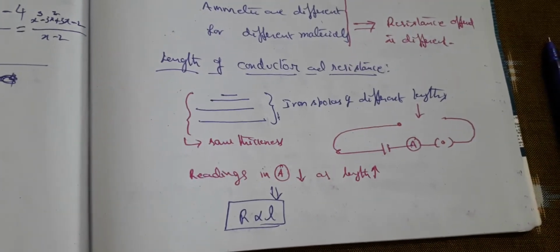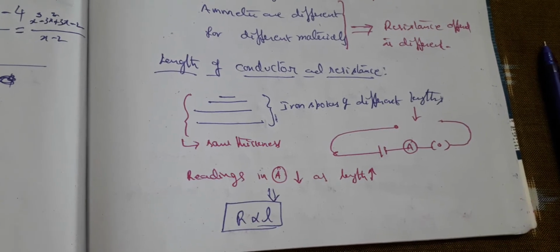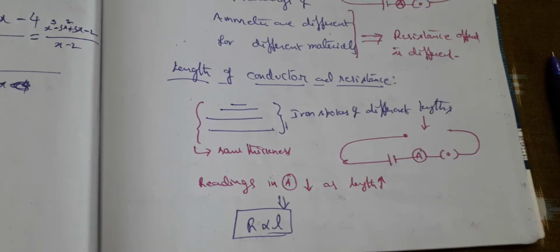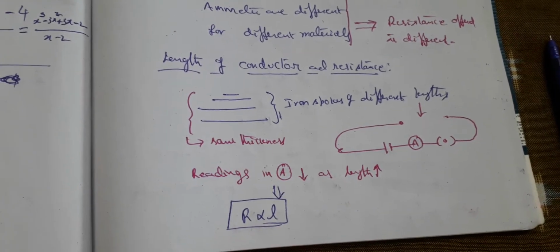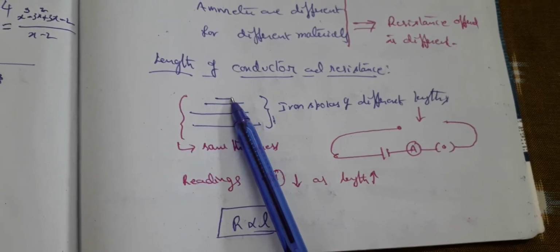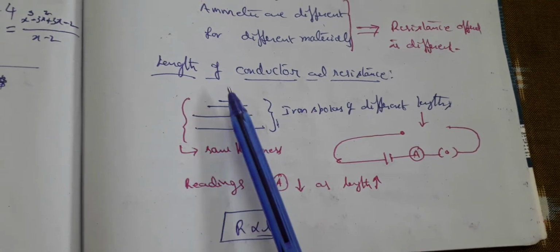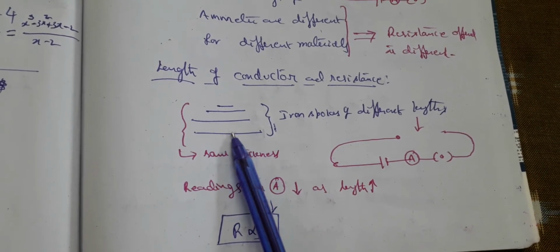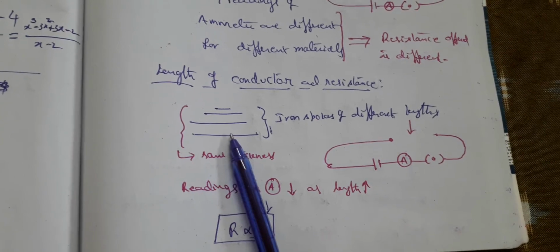Length of the conductor and resistance. Suppose you have taken iron spokes of different lengths, right? The thickness should be the same, the lengths are different, 1, 2, 3, 4. Suppose you are taking four different lengths.